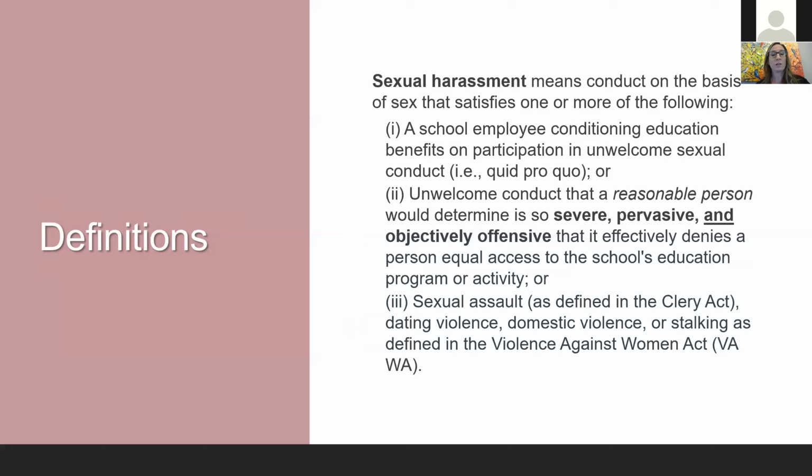Unwelcome conduct that a reasonable person, and they don't define what a reasonable person is. That is up to us, you, to decide what reasonable is, would determine is so severe, pervasive, and objectively offensive that it effectively denies a person equal access to the school's education program or activity.